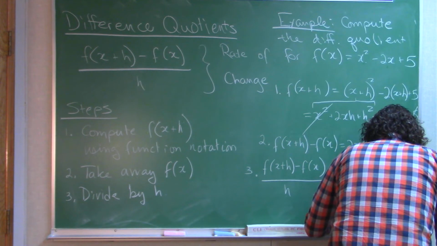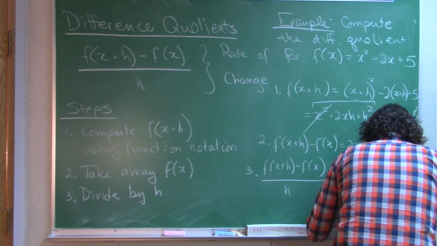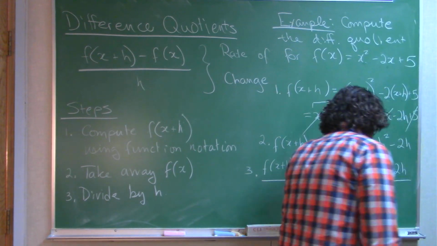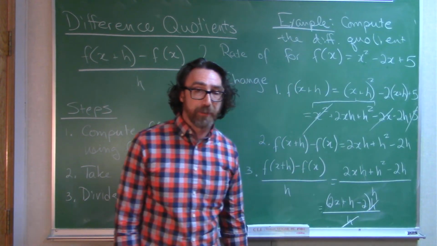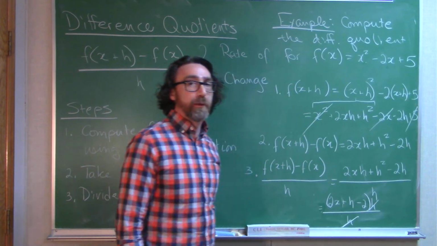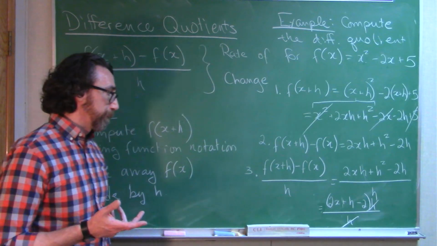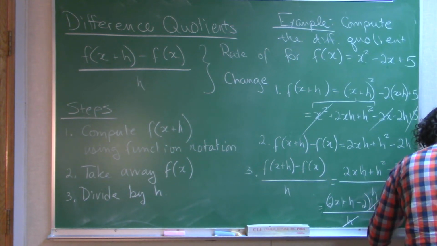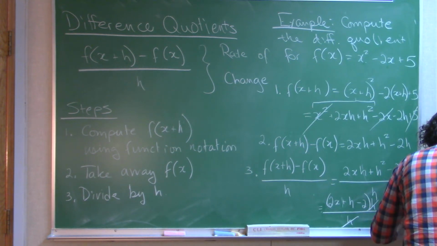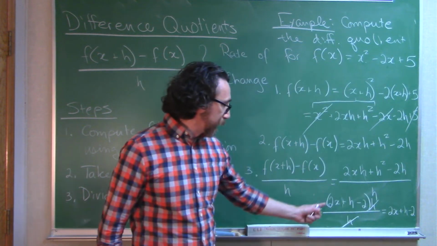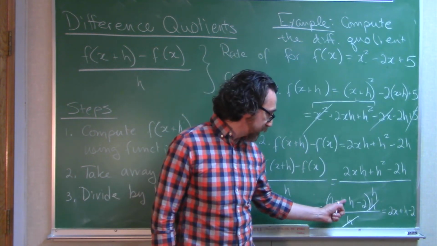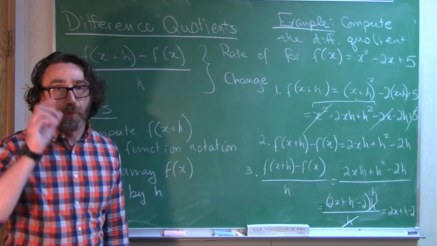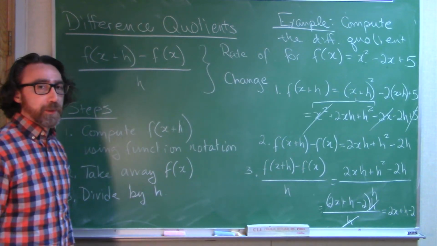I will factor out an h, and that h that I have factored out can cancel with the h in the denominator. So the simplified difference quotient for this problem is 2x plus h minus 2. That's the simplified difference quotient for this problem.